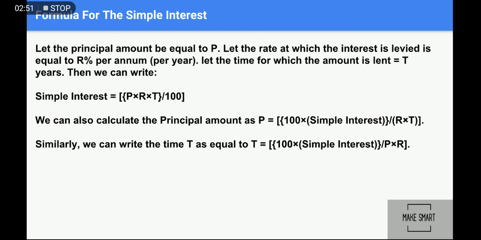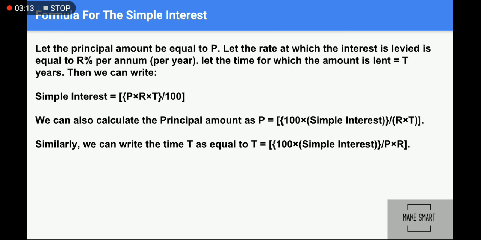We can also calculate the principal amount P. If in a question the simple interest, rate of interest and time are given, then how can you calculate the principal, the actual amount borrowed?